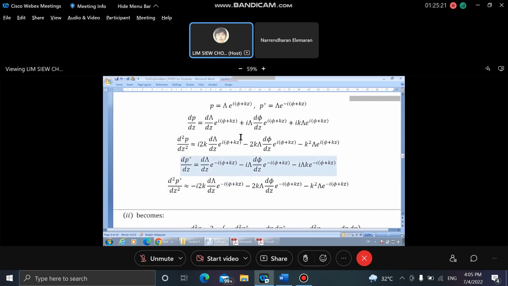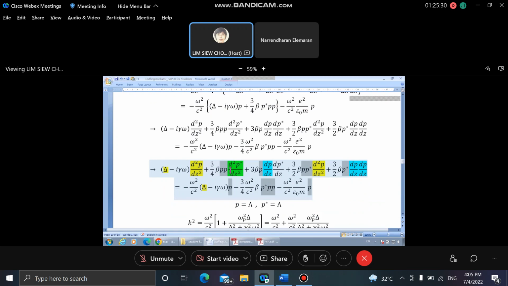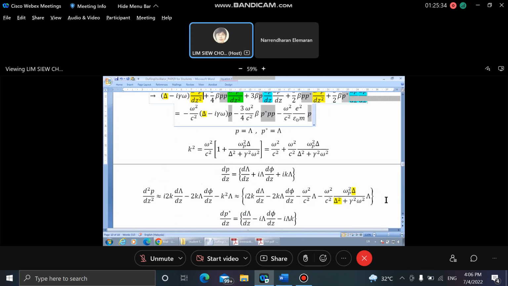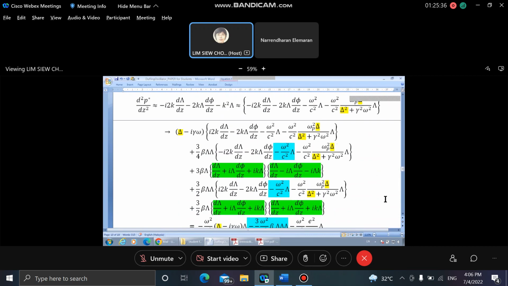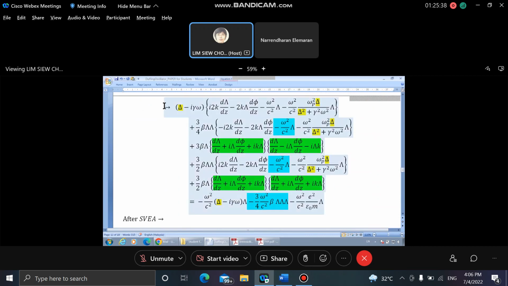You can also directly substitute, but you can always see that the exponent will cancel, because after the substitution, you can see the exponent on every term. So actually, they are the same. So you do this, you get these results in terms of lambda and phi. Okay, all this lambda and phi. So is it okay?